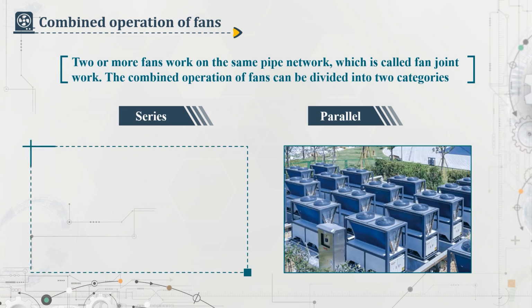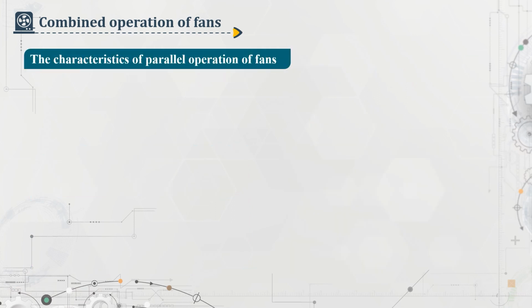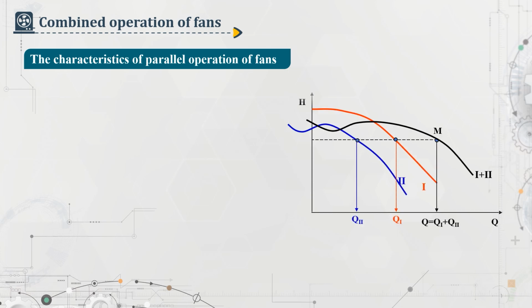Parallel operation of fans means that the air outlets of two fans are connected together directly or through a section of pipe. The characteristics of parallel operation of fans are: 1.